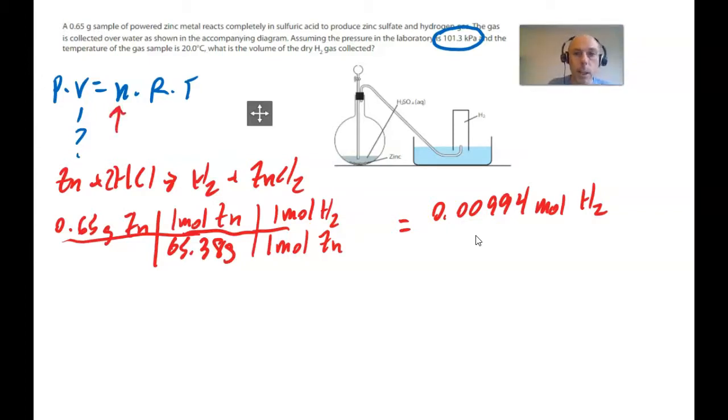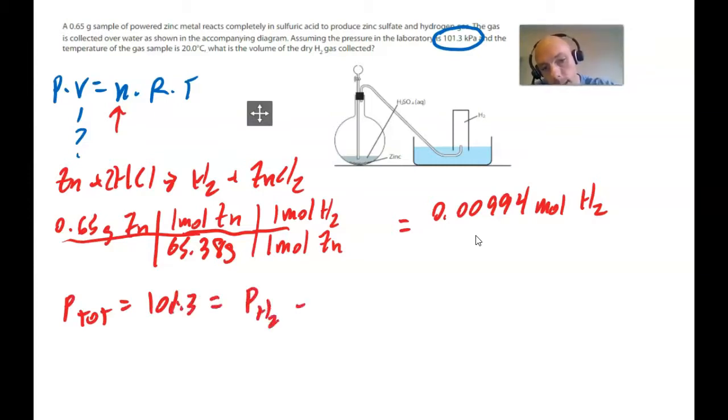Next thing we need to do is figure out what the pressure is from just the hydrogen gas. We know the total pressure in the gas collection tube, once again, is equal to atmospheric pressure, which is 101.3. But that's equal to the pressure of the hydrogen gas plus the partial pressure from water.